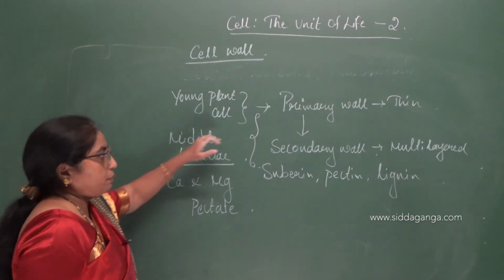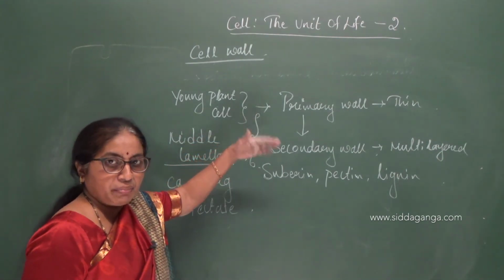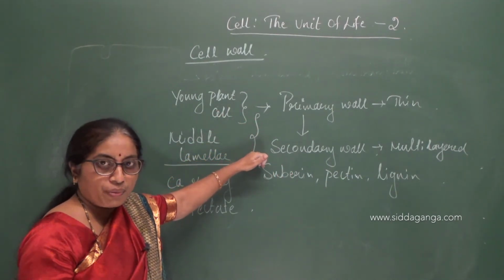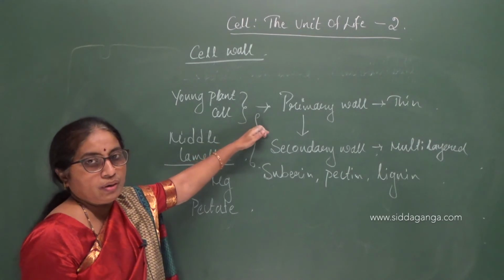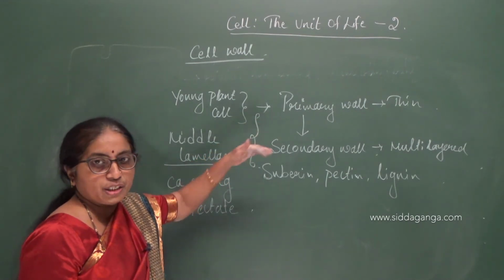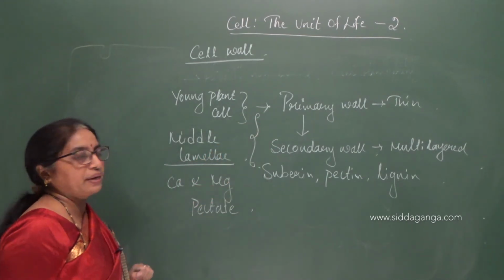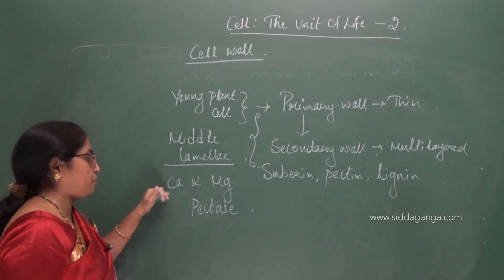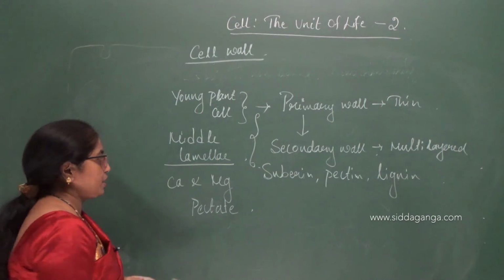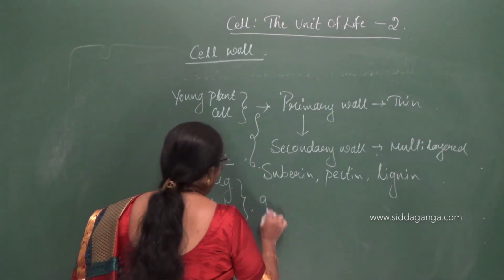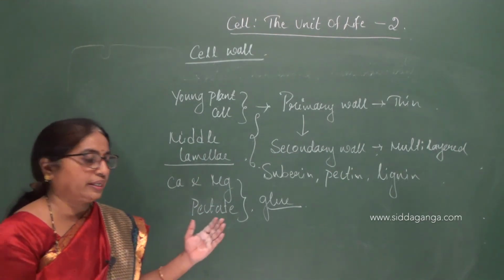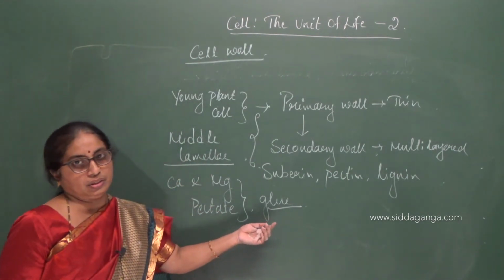So, the primary wall is thin, which diminishes as the cell grows, and a secondary wall is formed inner to the primary wall, and it is multi-layered, formed by the deposition of suberin, pectin and lignin. In between there is middle lamella, which is made up of calcium and magnesium pectate, which acts like a glue or gum so that it sticks to the adjacent cells.